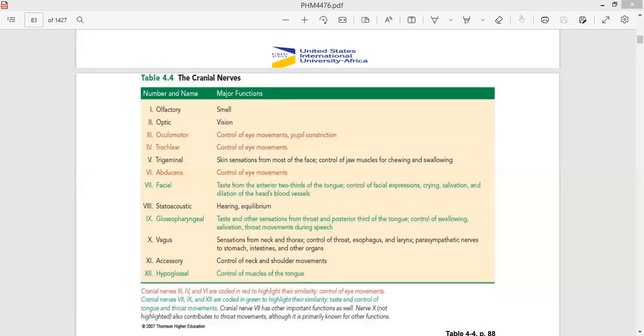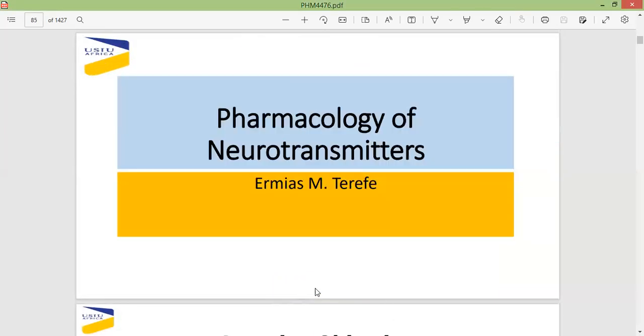Anyone? Maxillary? Assignment for the day. Is it for pain? I'm not sure, I'm just reading. It's sensory, yeah, but to what area? What area does it supply? Jaw.